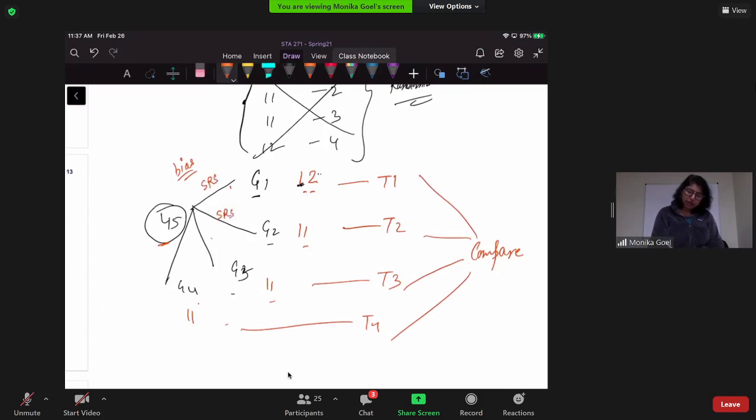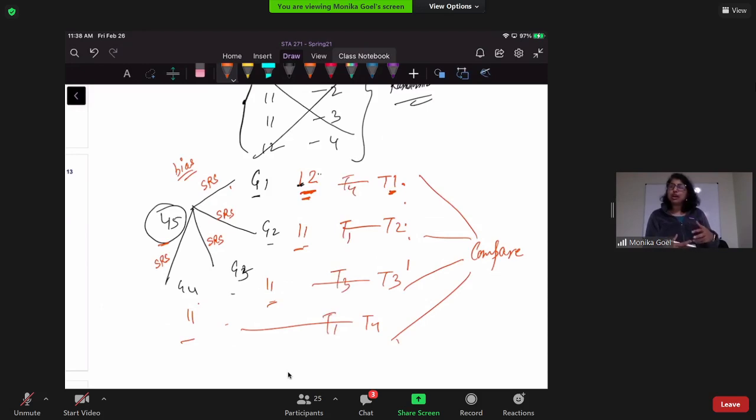That's why I wanted to explain simple random sampling, or 3.3, first, because that's what you use here. So you get these 12, 11, 11, 11 using simple random sampling. And again, you can randomize your treatment. I give treatment 1 first to this group, or you can give treatment 3 here, or maybe 1 here, whichever way, because you are doing randomization.